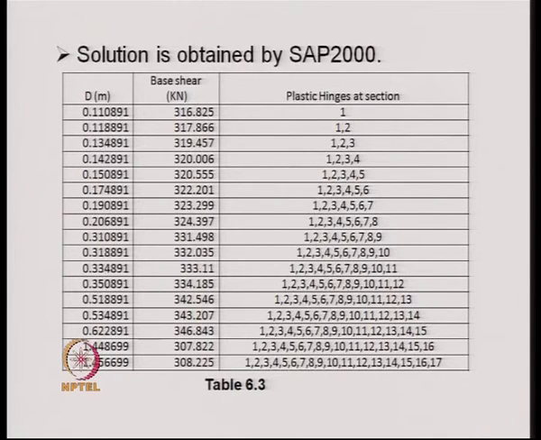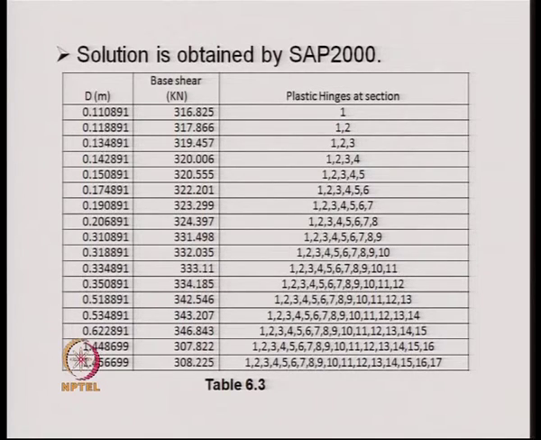That is 1, 1, 2, 1, 2, 3, 1, 2, 3, 4, 1, 2, 3, 4, 5 and so on. And when we come to the last value, then we see that there are a sufficient number of sections where plastic hinges have taken place.